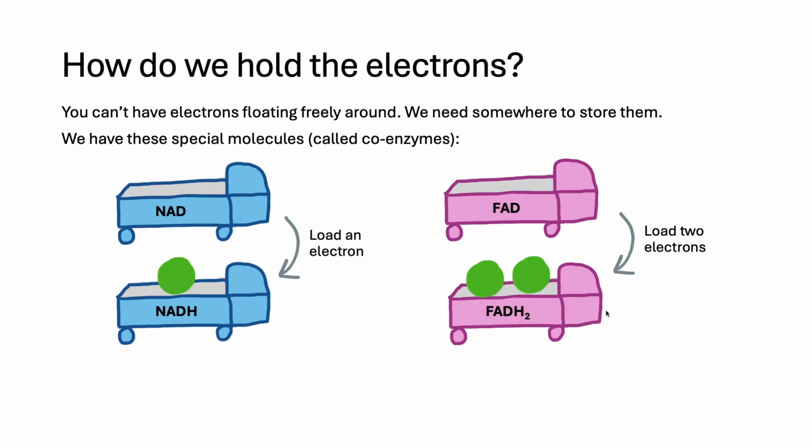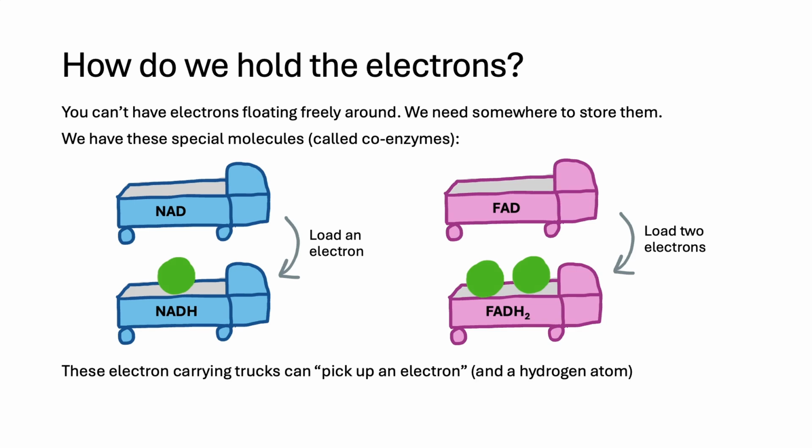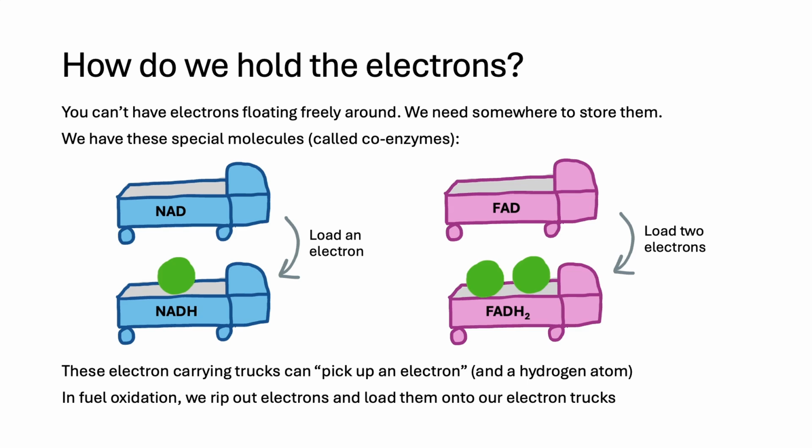And so when FAD picks up electrons, it becomes FADH2. So these electron carrying trucks can pick up an electron, and when they pick up an electron, we give them a little extra hydrogen as well. And so in fuel oxidation, what we're really doing is ripping out electrons and loading them onto our electron trucks.